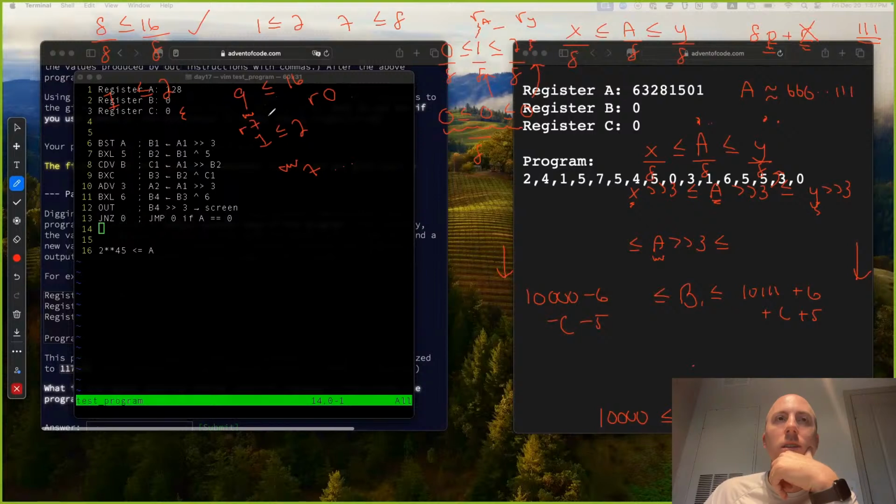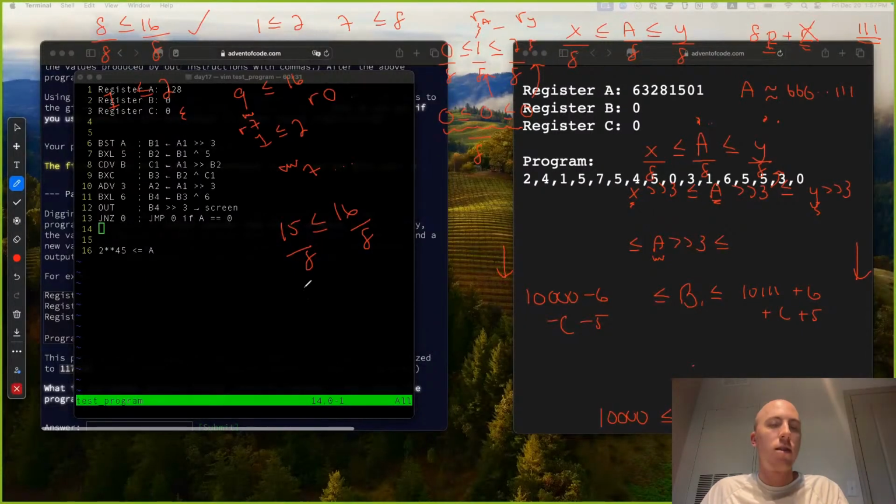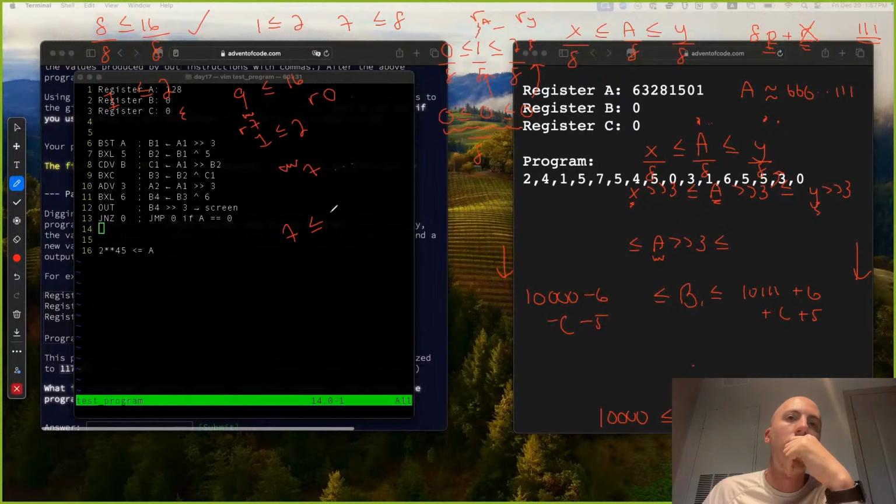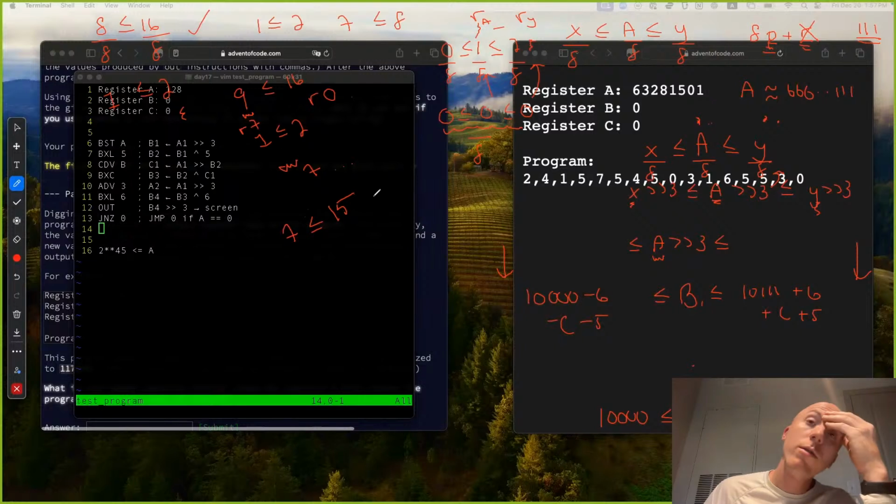For instance, we have 15 less than or equal to 16, and then we divide these by 8, and now we just say, yeah, or how about let's go 7 is less than or equal to, okay, I feel like the most extreme thing would be 7 is less than or equal to 15, because there's actually a difference of almost 2 times r here.